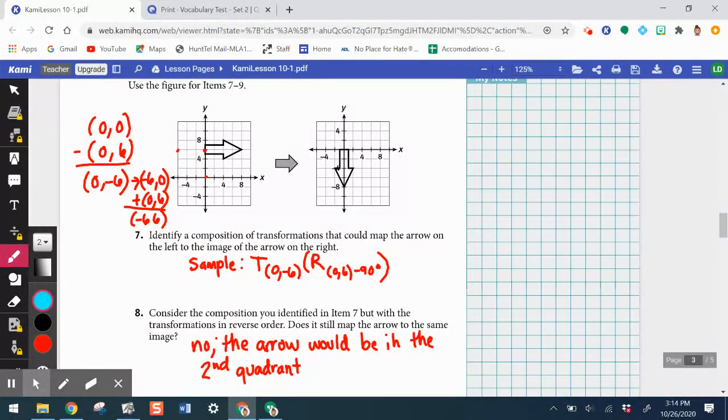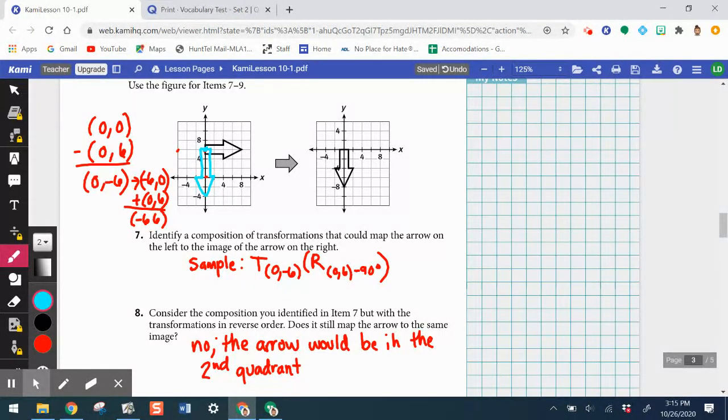So that'd be rotating around this point right here. So imagine that it rotates around that point and it ends up looking something like this after that rotation. But I still need to move it down so that the base of my arrow actually ends up at the origin. So then I said translate 0, -6, which means we don't move left or right. We just simply move down 6.